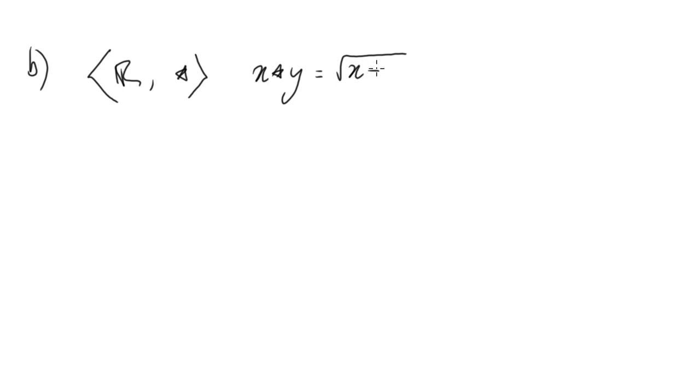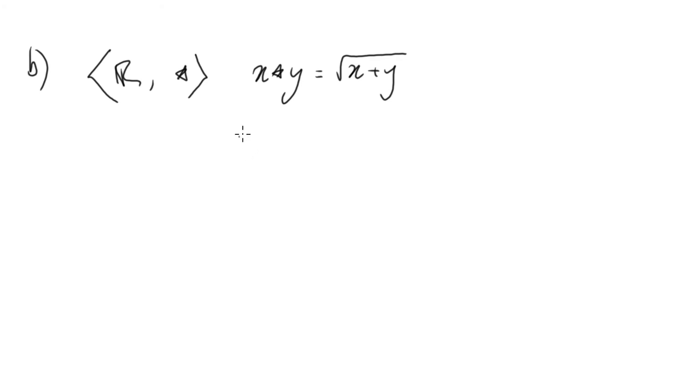Part B, the group is the real numbers under the binary operation star, where x combined with y is equal to the square root of x plus y. Already we can see there's a lot of real numbers you can put in here that would break the property of closure.